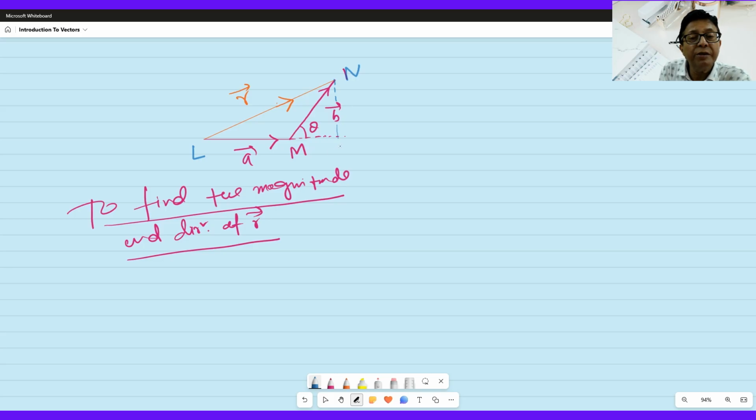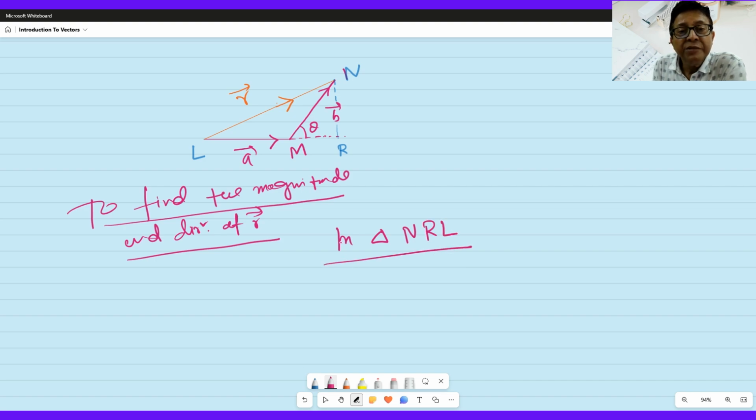This perpendicular meets at R. You have understood? There is a triangle now, NMR, where angle NMR equals theta. See how to find the magnitude. So in this triangle RLN, this is a right angle triangle because you have drawn a perpendicular.